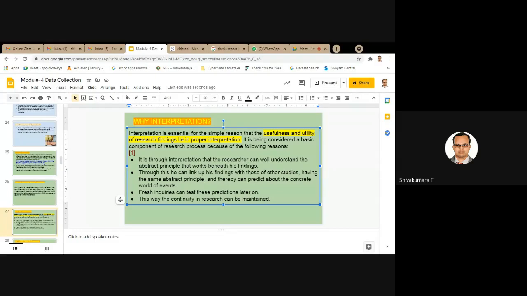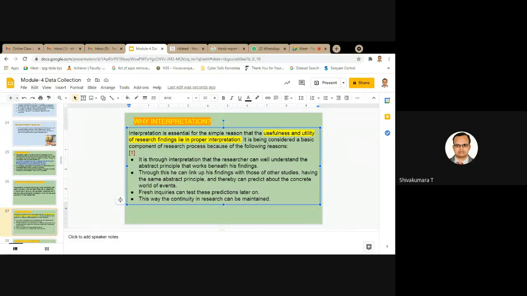In that case, that research may not suit or fit the airline traffic analysis. So by interpreting properly, you are able to understand the boundary and scope of the research carried out by the researcher.